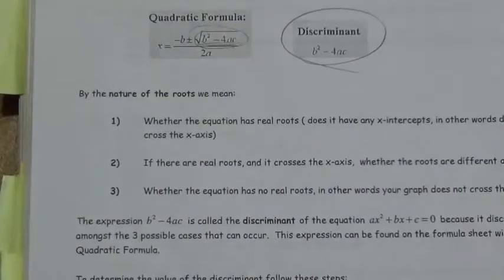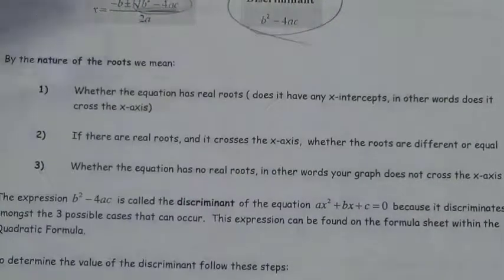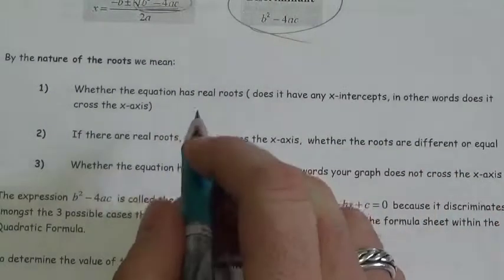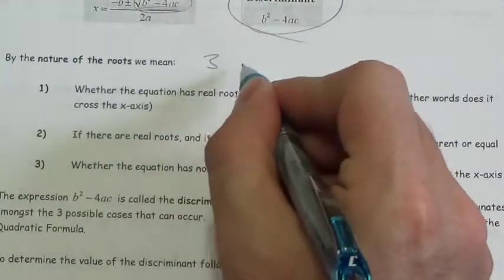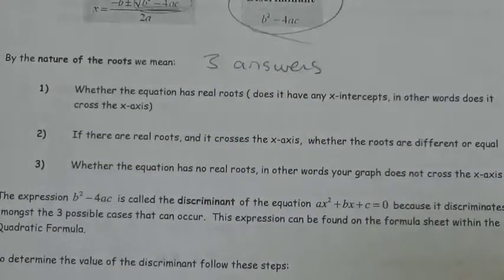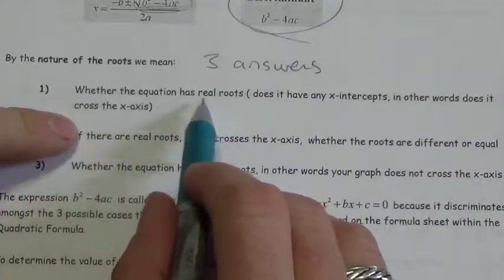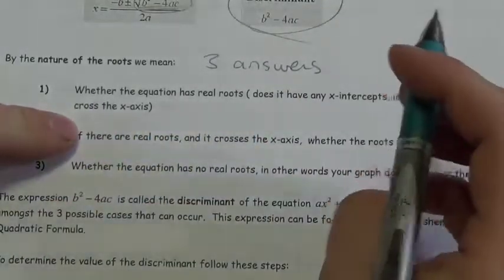When we talk about the nature of the roots here, now I'm not going to be able to get the whole thing. I can actually, hold on. When we talk about the nature of the roots, there's really only three possible answers. When I ask you to describe the nature of the roots, there's only three, okay? No other answers here. So the equation could have real roots.